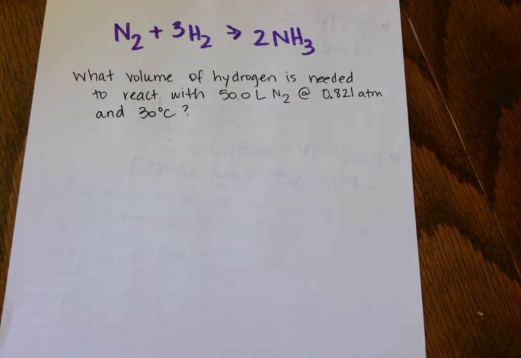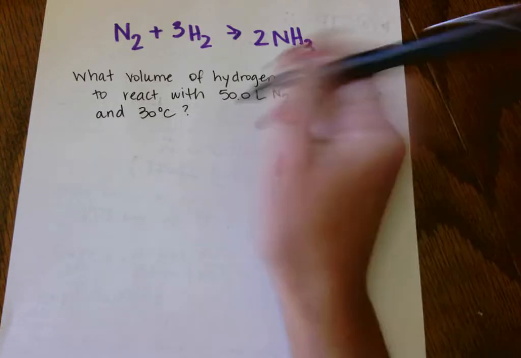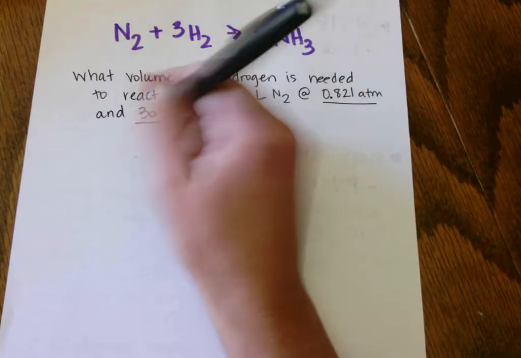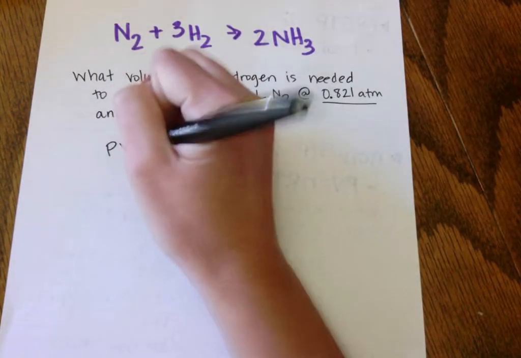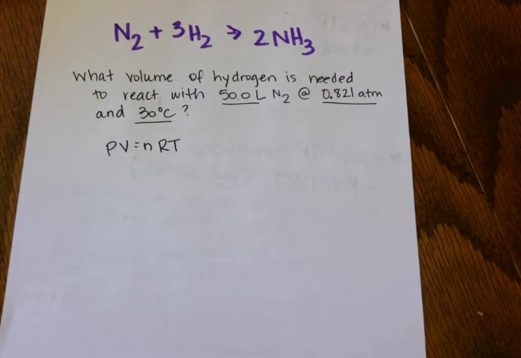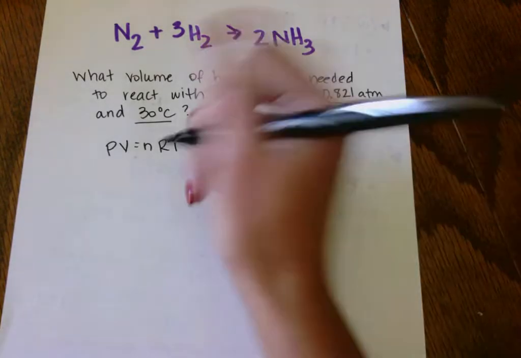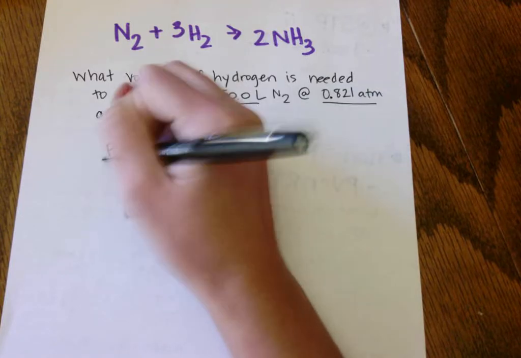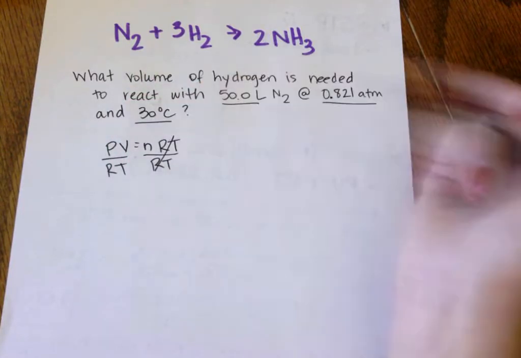Okay, so again, I'm not given anything that can go into a T-chart. At non-STP conditions, when I see a volume, a pressure, and a temperature, the first thing you need to think of is PV equals nRT. I'm going to solve for moles, so I'm going to divide by R and T on both sides.